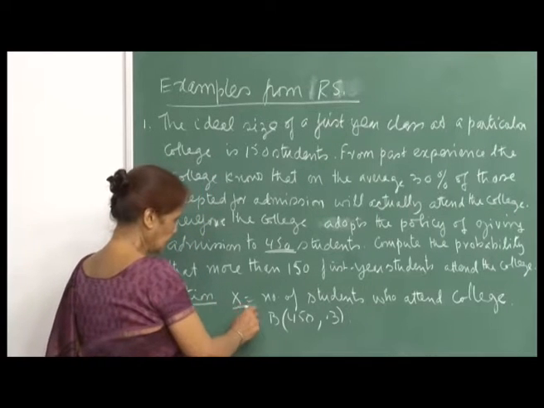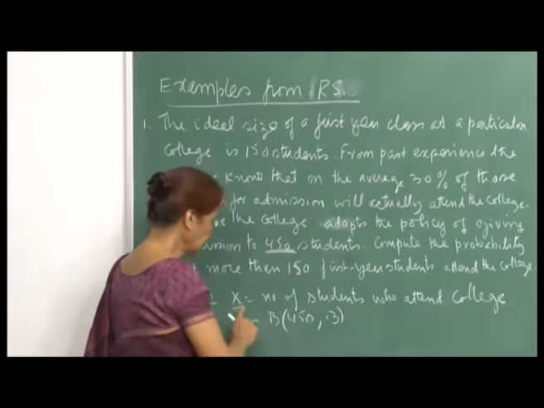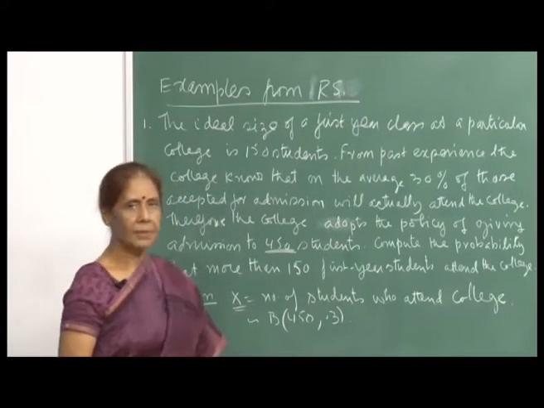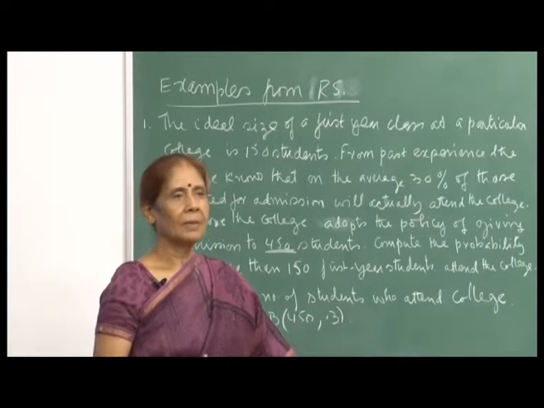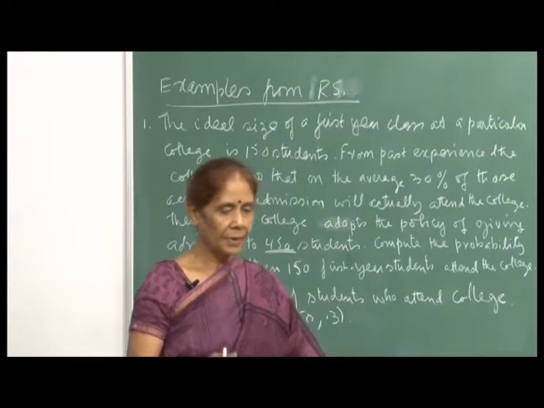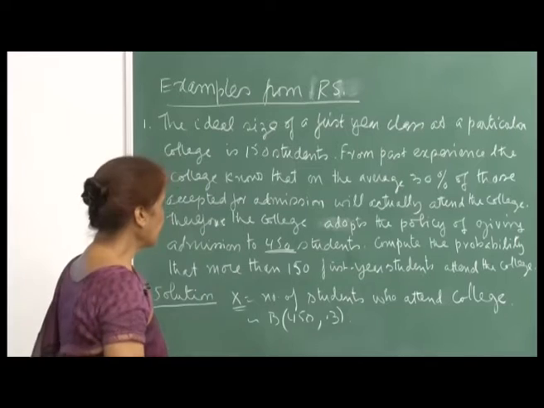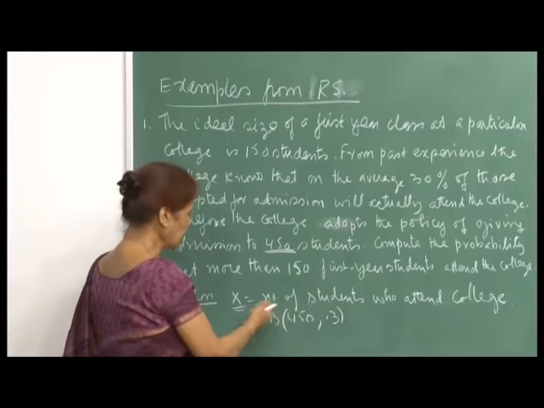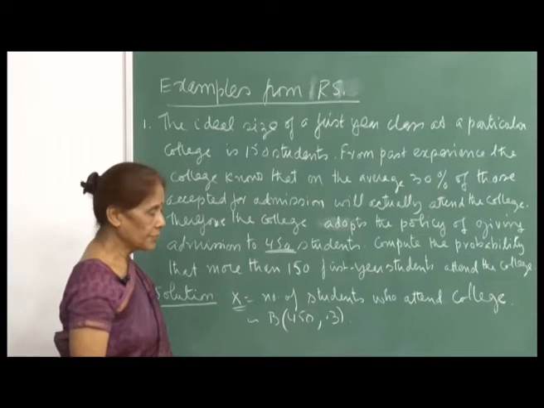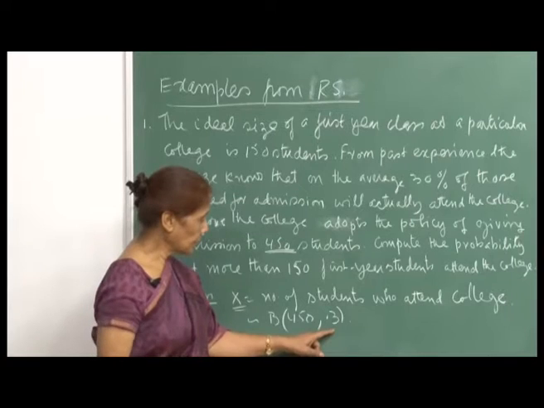So, here of course, we will say X is the number of students who attend college. We can treat the person who has been given admission and attends college as a success. So, out of 450 people, X will be the number of students who attend college, and so this will be a binomial random variable with n as 450 and p as 0.3, right.